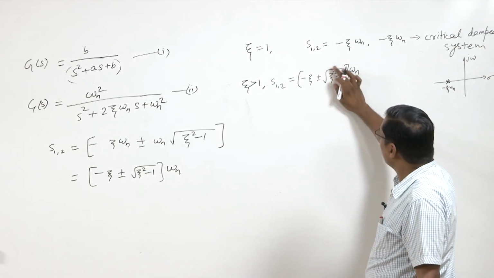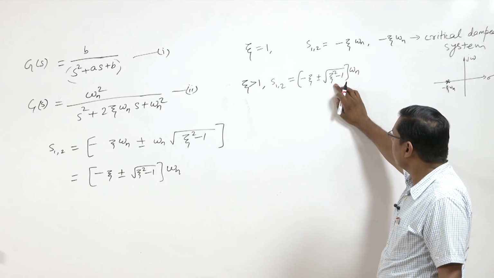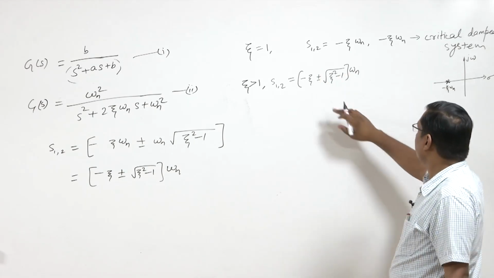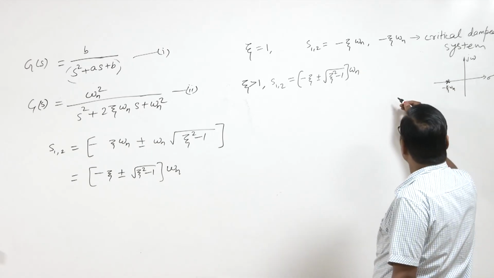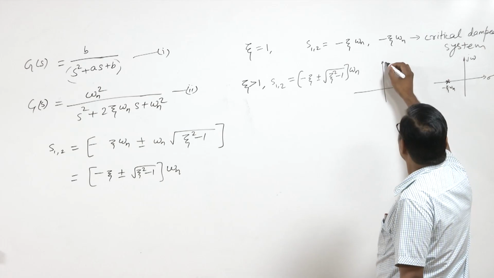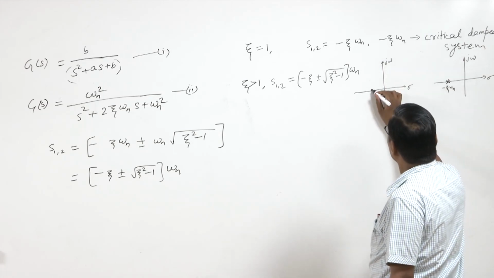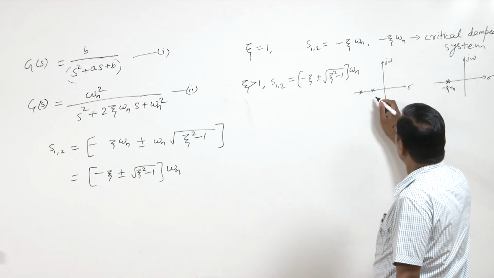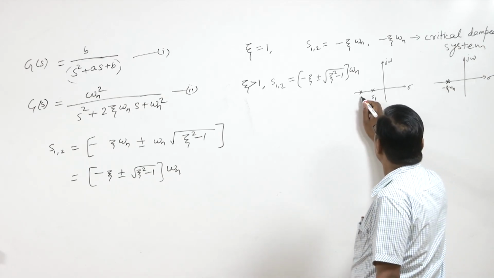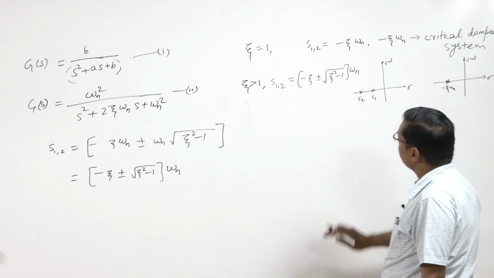So this under root part is greater than 0, so this is real and distinct. If we want to present this, we can present something like here: first root S1, S2.